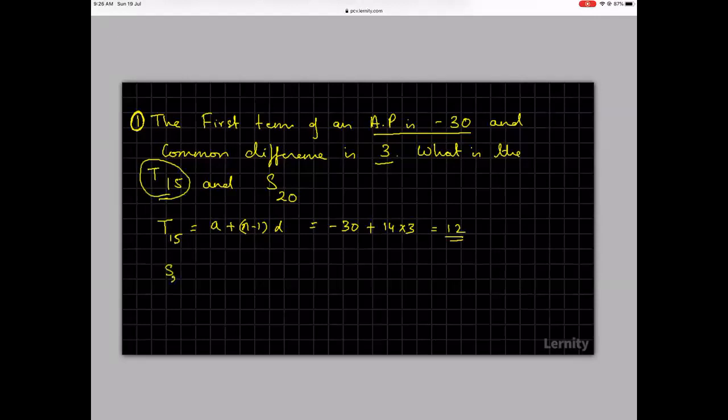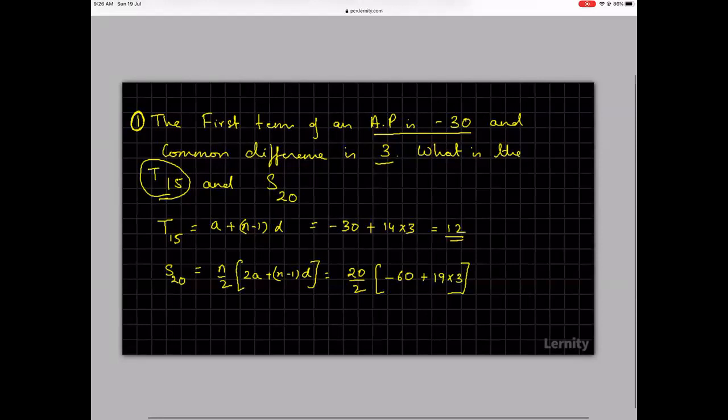Next, I asked you what is S20. S20 is n by 2 into (2a plus (n minus 1) into d). And that will give me 20 by 2 into, I have to be careful, 2 times a is minus 60, plus I want the 20th term, so 19 into 3. 19 into 3 is 57.